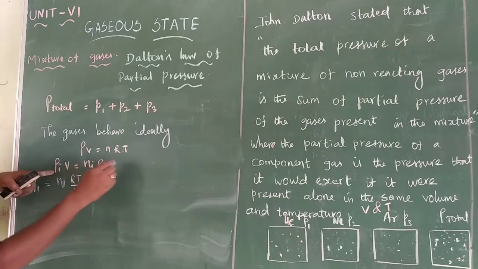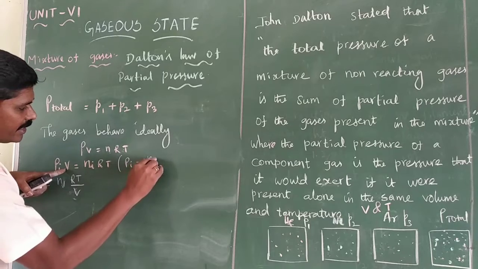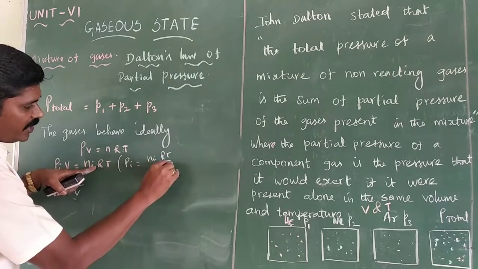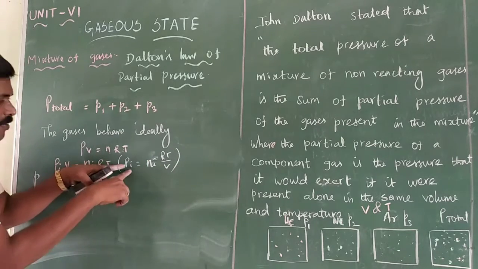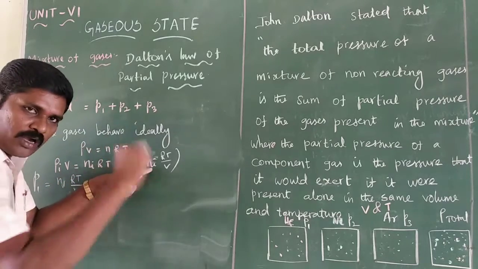So Pi is equal to ni RT by V. Pi means P1, P2, P3 and ni means n1, n2, n3.